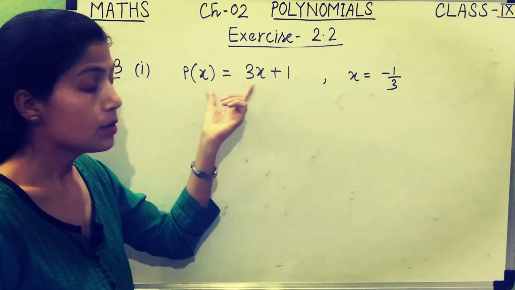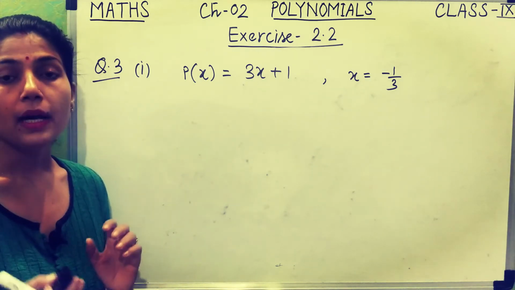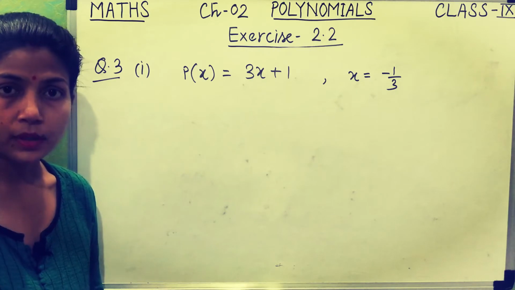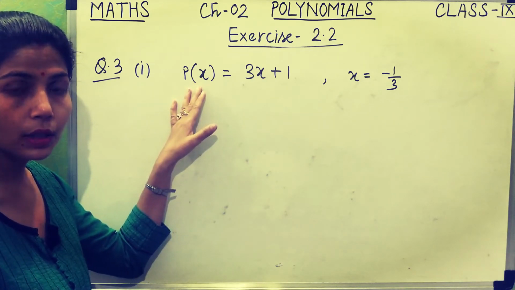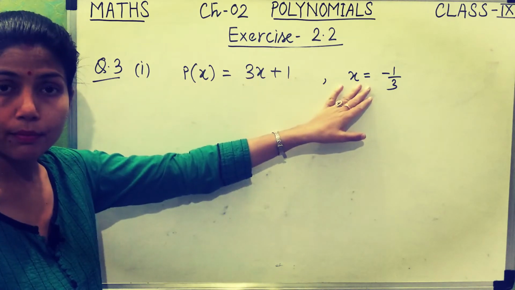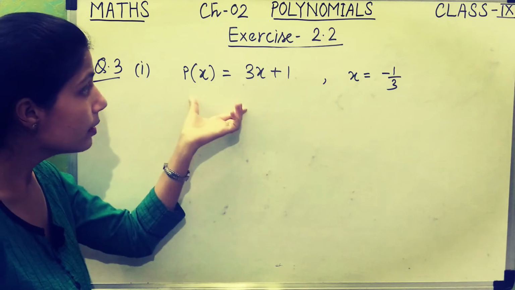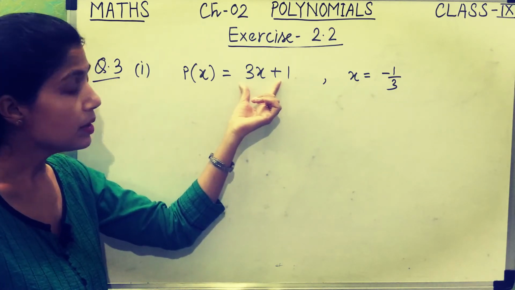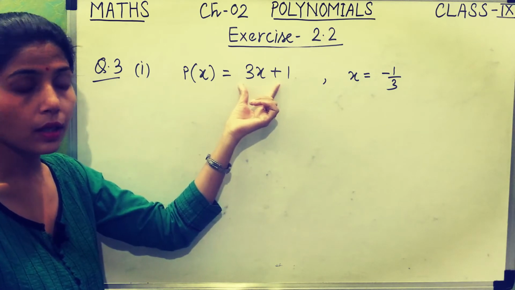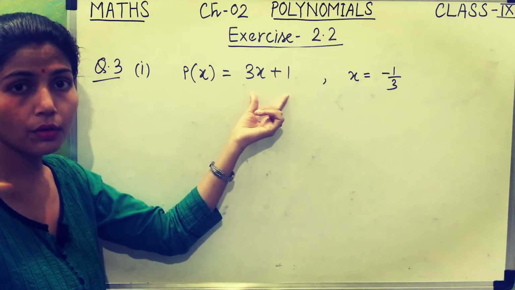Okay, so as we have discussed earlier, the value of the variable at which the polynomial has the value 0, then that value of the variable will be its zero. So what we do here, we have to put this value in the given polynomial. Okay, then we will check whether the value is coming 0 or not.